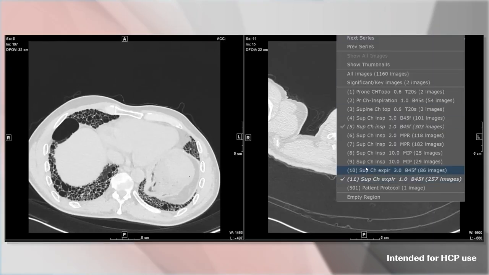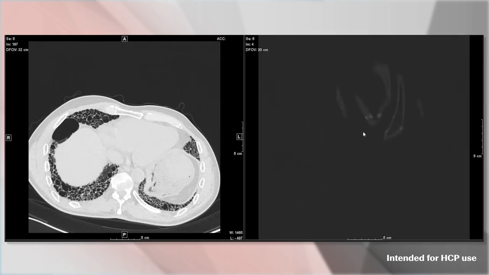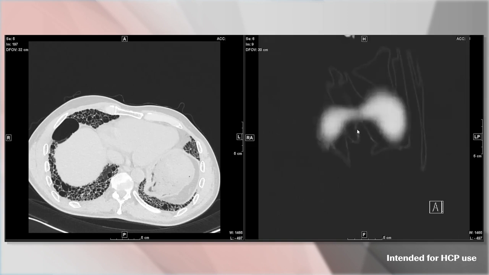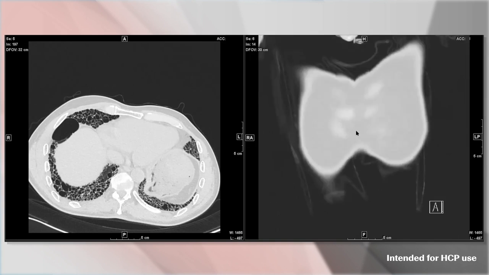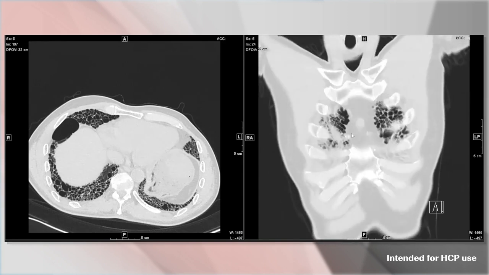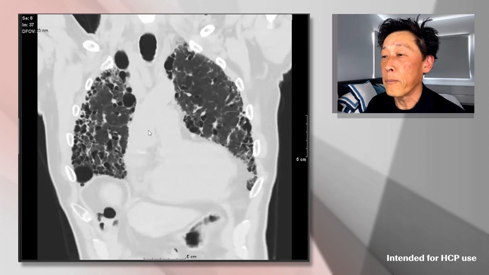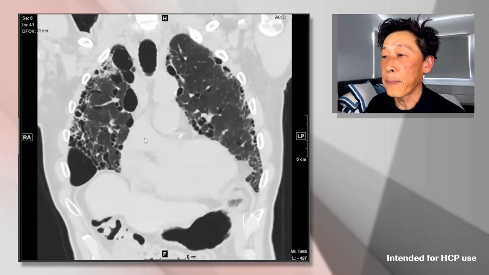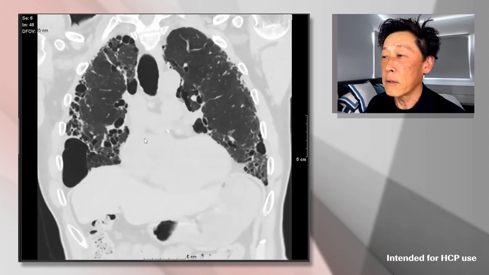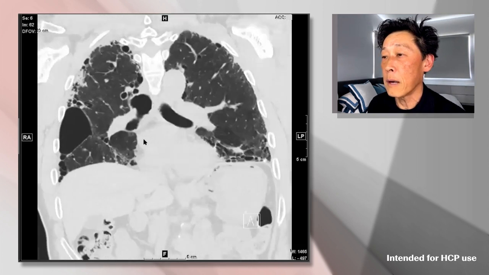Let's move on to the coronal images that go with this case. Again, this will help us really nail down the distribution of disease. And as I scroll from anterior to posterior, let me just find a nice example here to stop.